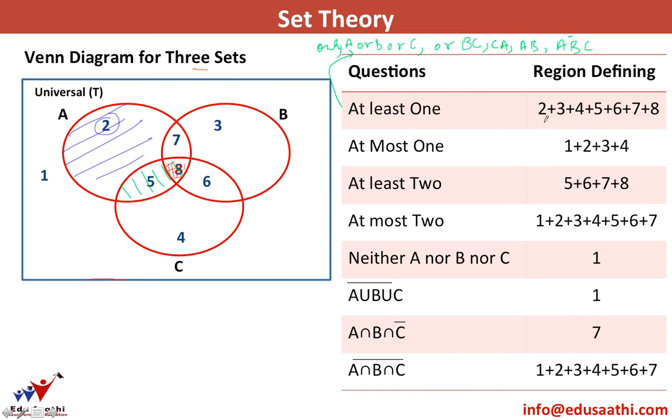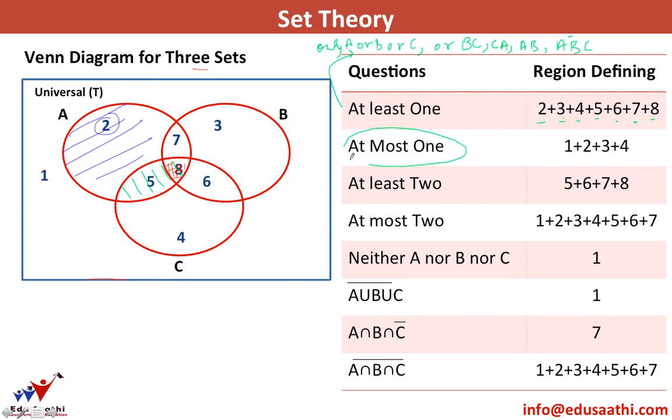So we have all these numbers here: 2 plus 3 plus 4 represents only A, only B, and only C. 5 represents only AC. 6 represents only BC. 7 represents only AB, and 8 represents only ABC.